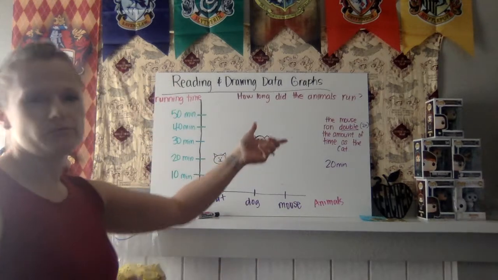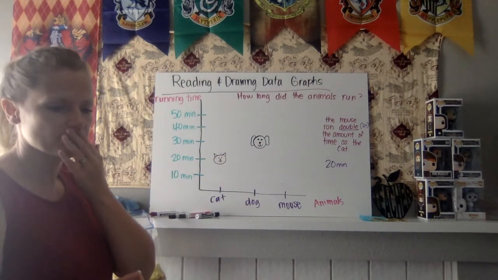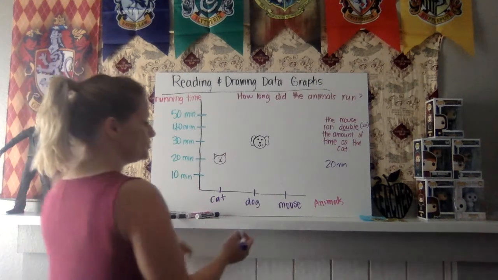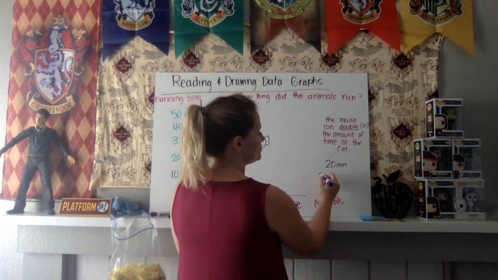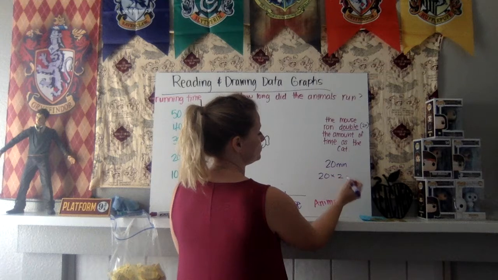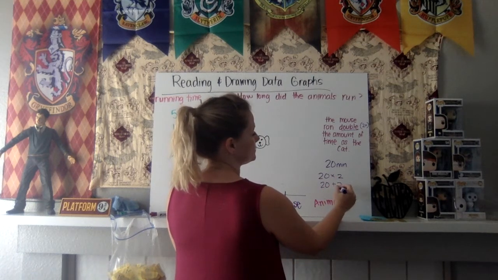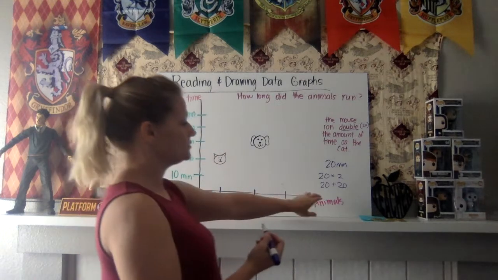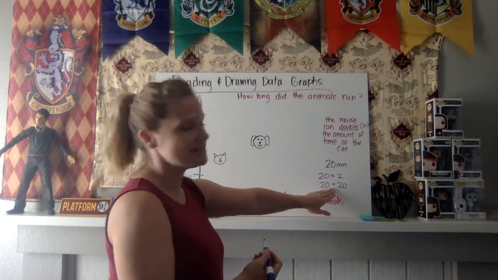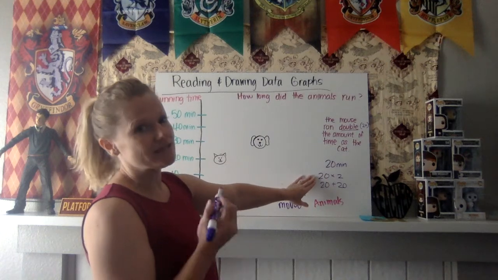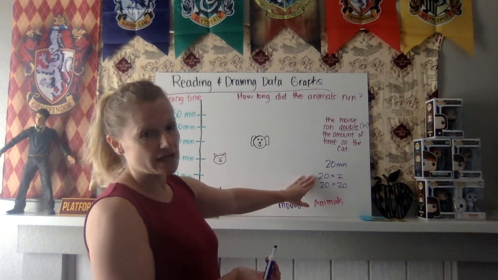But how do I double that? So because double means 2 times, you could do it one of 2 ways. So you could do 20 times 2, or you could do 20 plus 20. The reason why we can do 20 plus 20 is because repeated addition is the same thing. You'll get the same answer as multiplying something by 2.